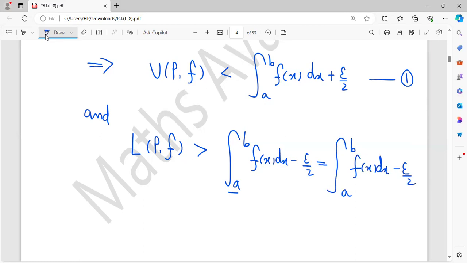Now how can we write it? Multiply both sides by minus, so the inequality will change.